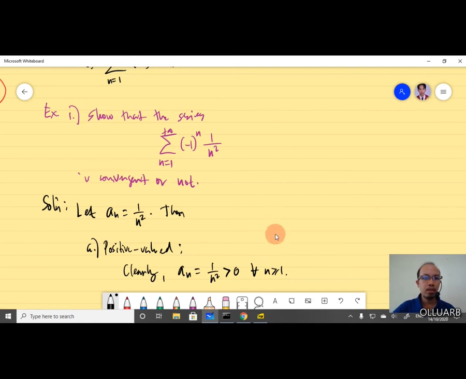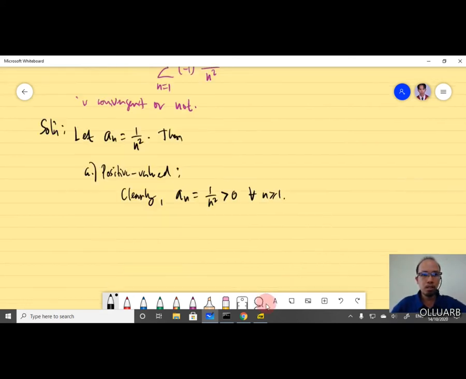The second is we are going to show that the sequence is decreasing. This is very easy if you use the third method.